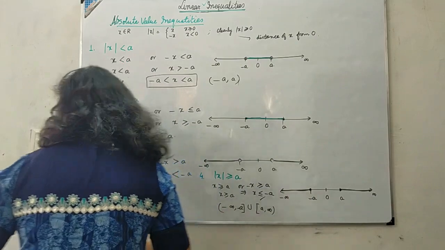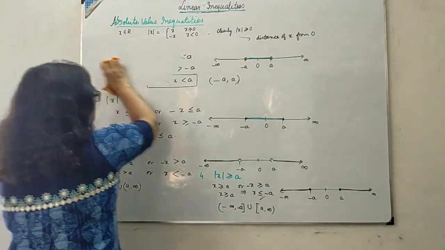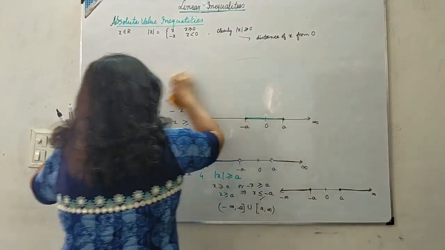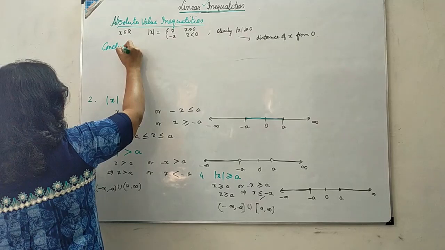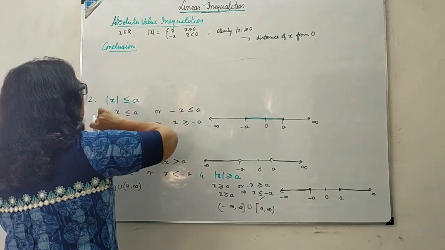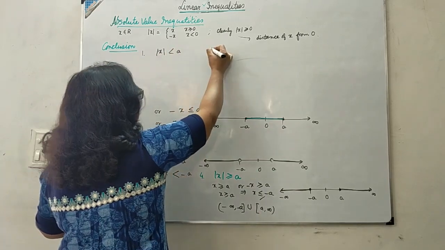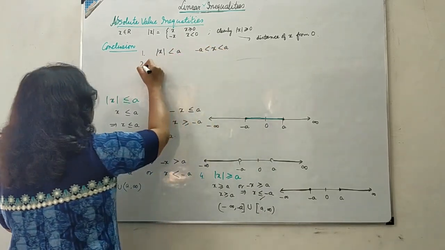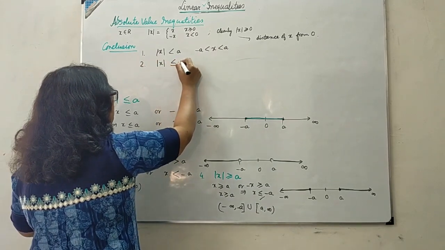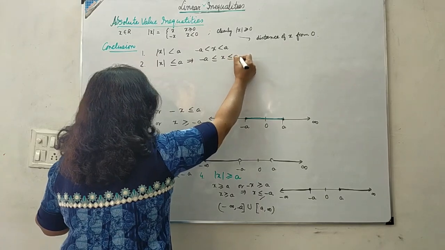So to conclude, there are four types of inequalities, and this is the conclusion. If I have first modulus x less than a, then x lies between minus a and a. Second is modulus x less than or equal to a, that means minus a less than or equal to x less than or equal to a.